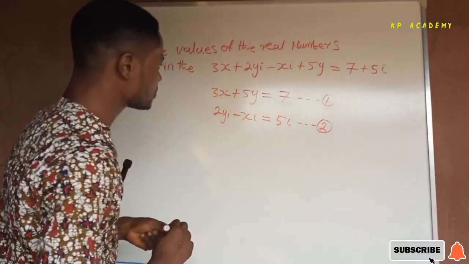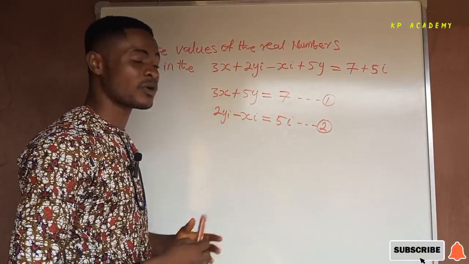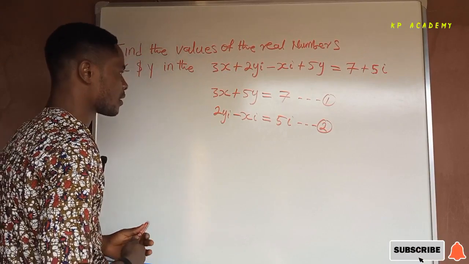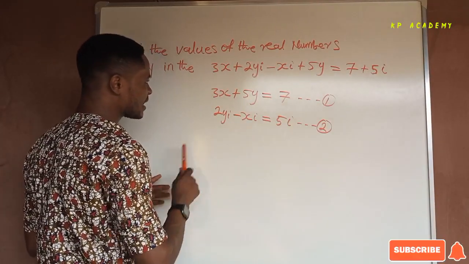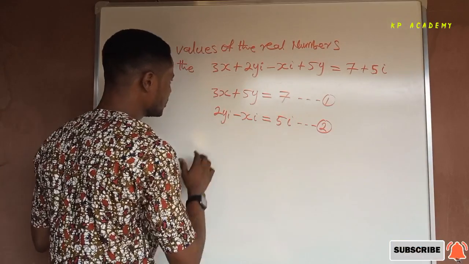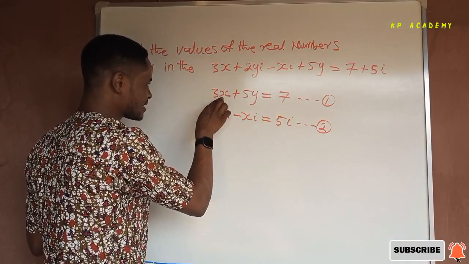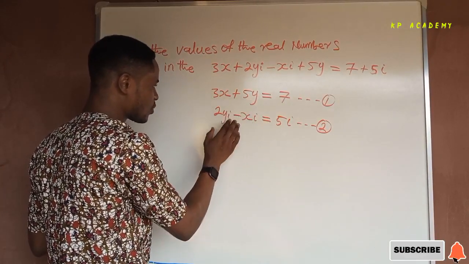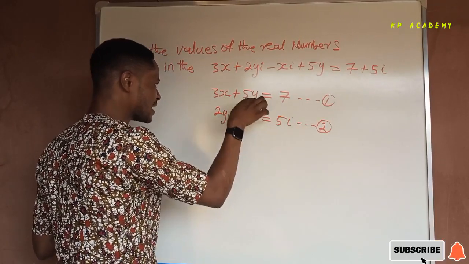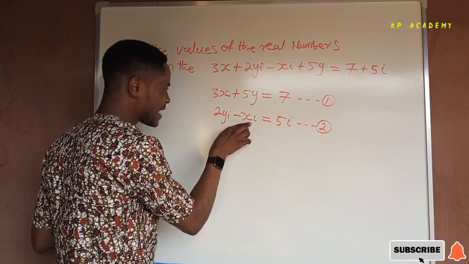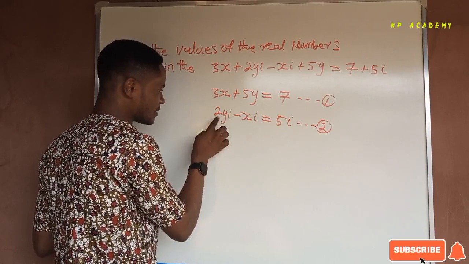Now we're going to do something. If you watch carefully, this is more like a simultaneous equation. So we're going to do something on equation 2. Remember that in equation 1, the first term is x, then y. So we're going to rearrange equation 2 to be like equation 1, such that x comes first and y will follow suit.